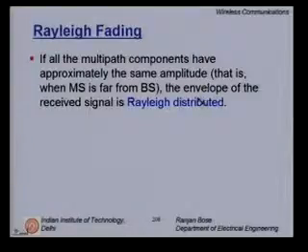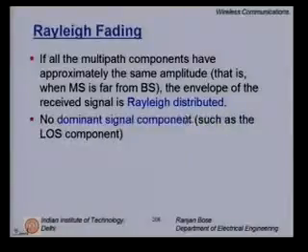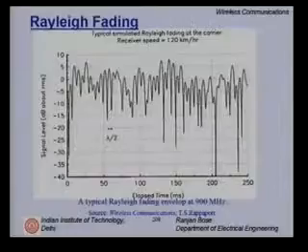Please note, we are only commenting on the envelope, although what you receive will have an amplitude and phase. Clearly, we do not have any dominant signal component such as the line of sight or any one reflector which is a strong reflector. It is assumed all the reflectors are equally strong or equally weak, depending upon whether you are looking at it pessimistically or optimistically.